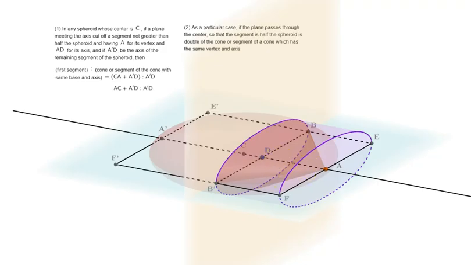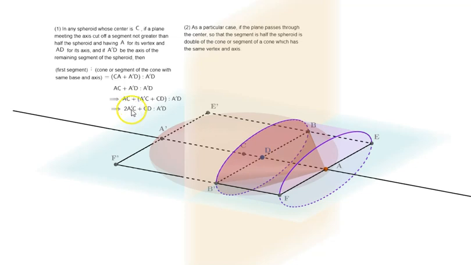We have AC plus A prime D is to A prime D, which is equal to AC plus A prime C plus CD is to A prime D. Now, AC and A prime C are both equal.